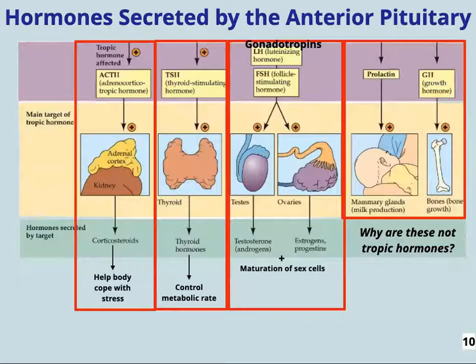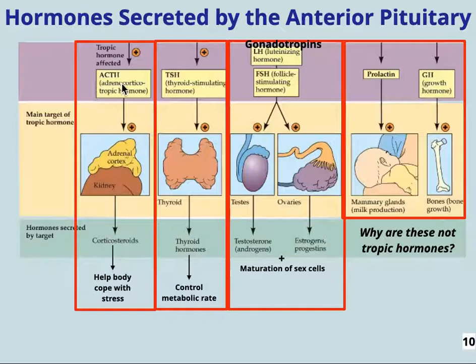Let's take a closer look at the hormones secreted by the anterior pituitary. We've got our FLAT PIG: F, L, A, T, P, and G. So let's start with ACTH, adrenocorticotropic hormone.